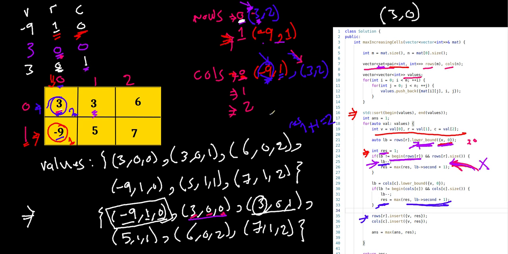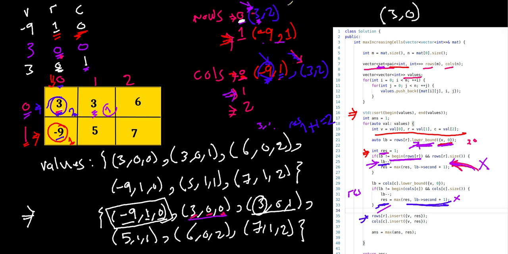Now we look at column 1 for 3. Column 1 is empty, and so the final result for this cell is 1, as this condition is not entered, and we store this result in the first column.